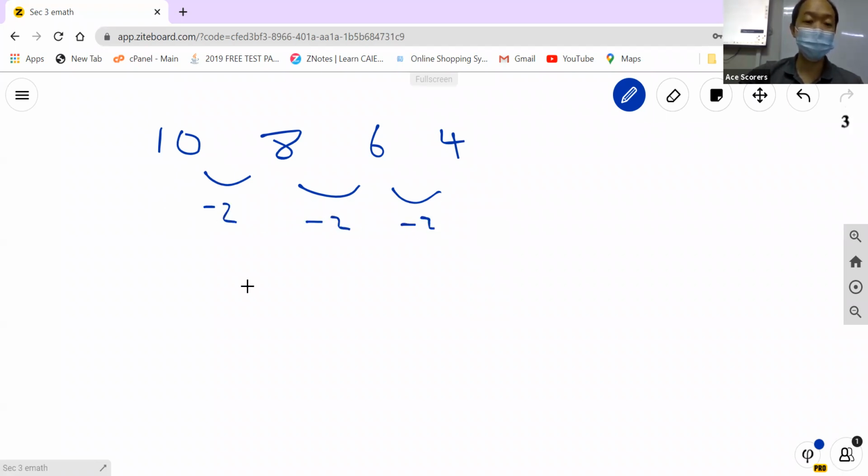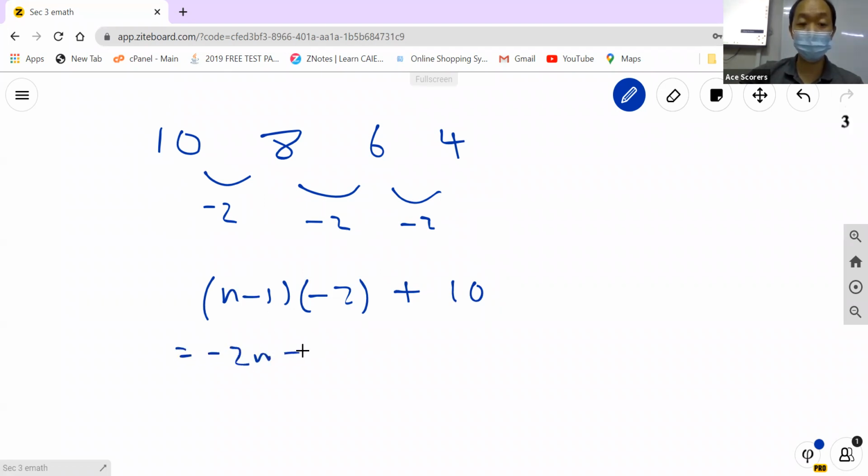So what do we do? n minus 1, but you must times negative 2, plus 10. So it equals negative 2n plus 2, negative 1 times negative 2 is positive 2, plus 10.